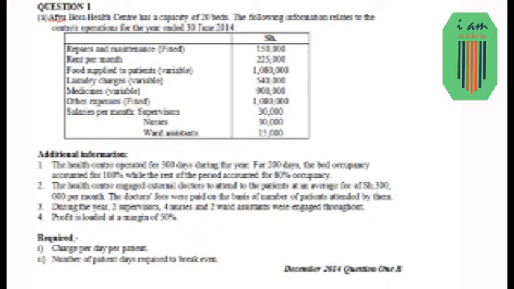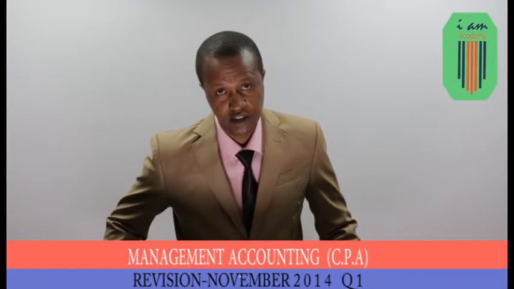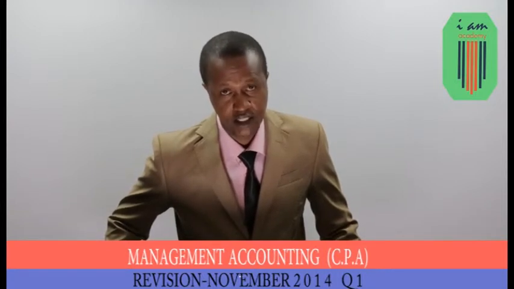Remember, you are a cost accountant. You are supposed to account and help the health center to determine the charge per day per patient. And don't forget, this is one of the main reasons for cost accounting.